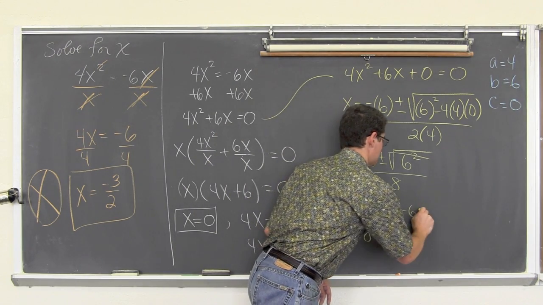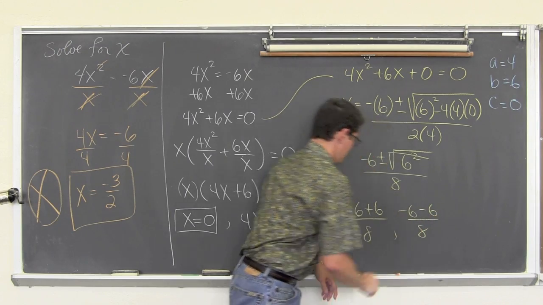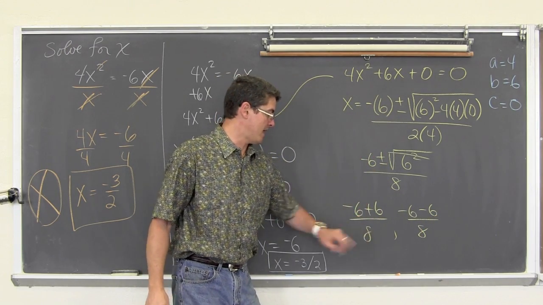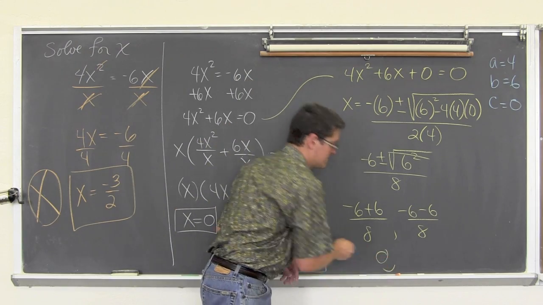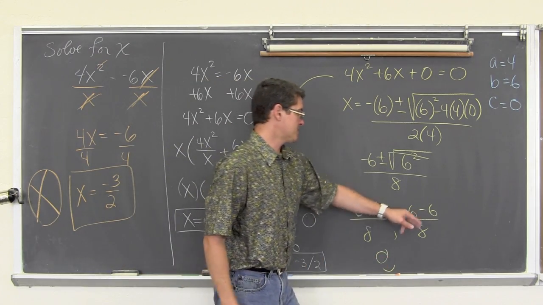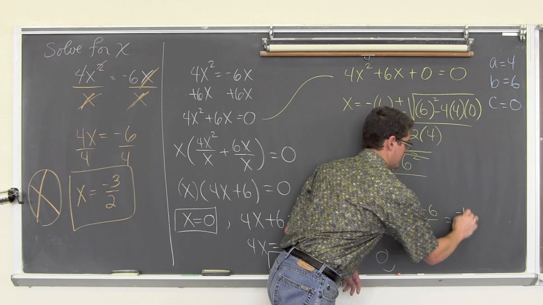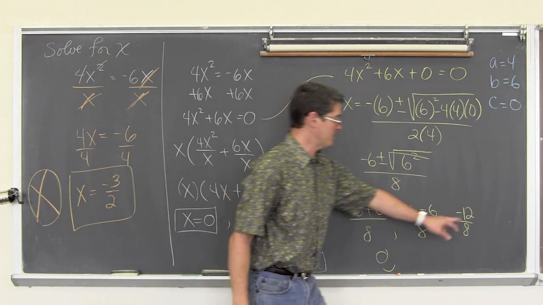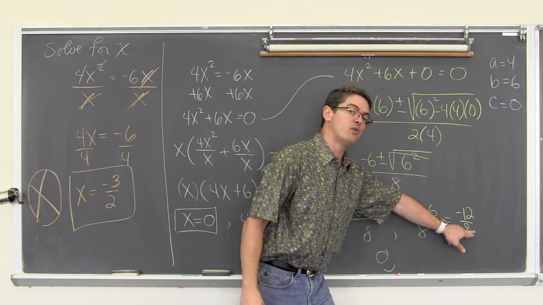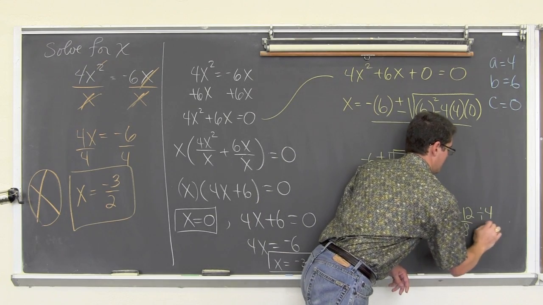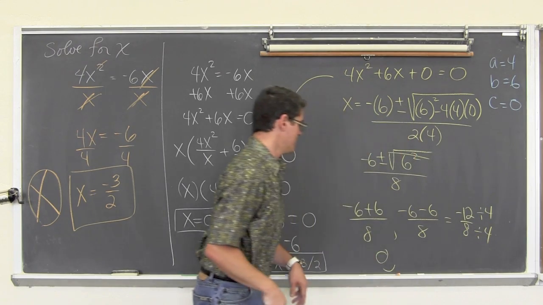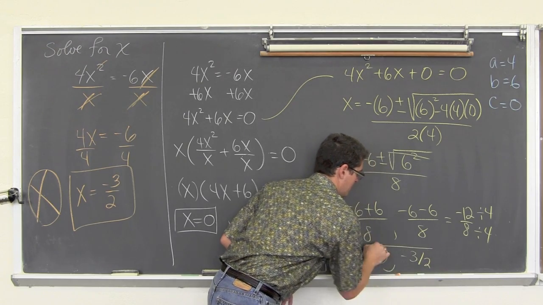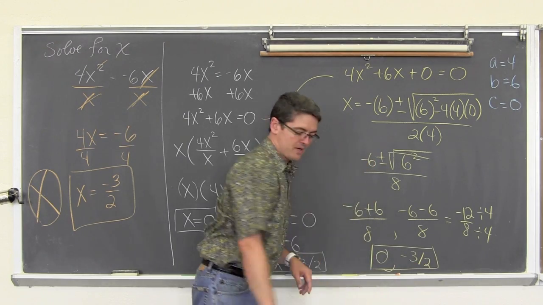And negative 6 minus 6 over 8. Negative 6 and positive 6 make 0, and 0 over 8 is 0. And this is negative 12 over 8. And I'm pretty sure, since these are both divisible by 4, that that's going to reduce to the answers that we just got a second ago of negative 3/2.